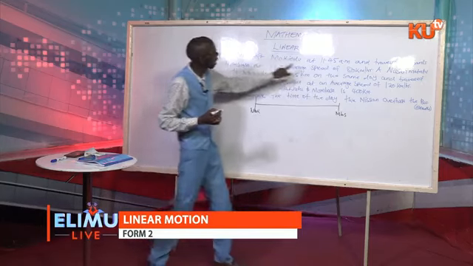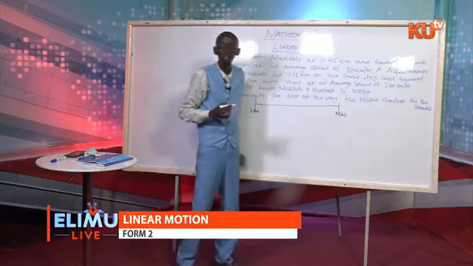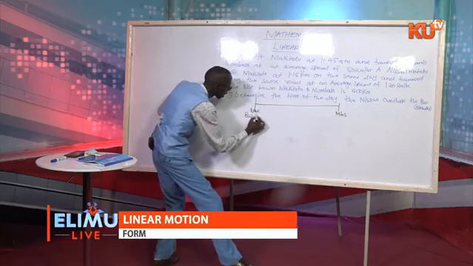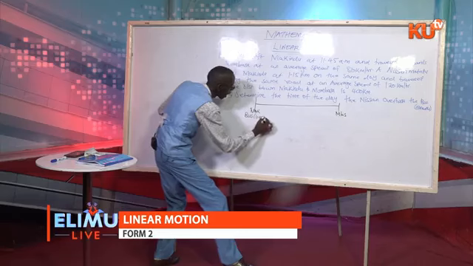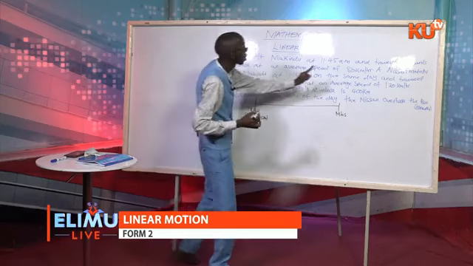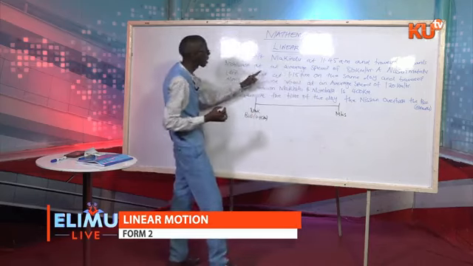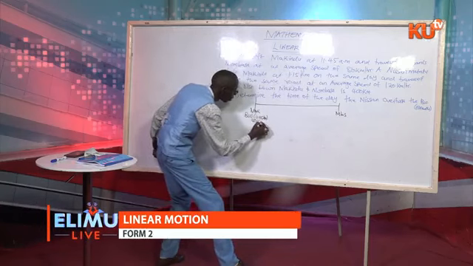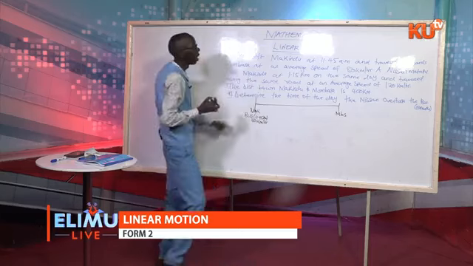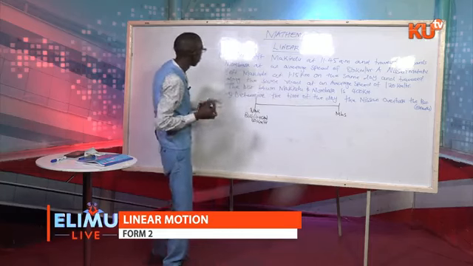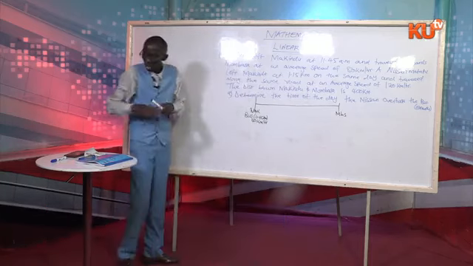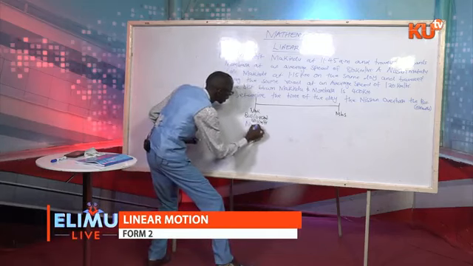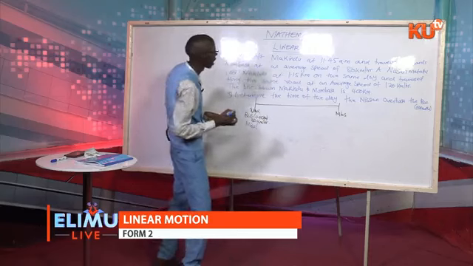A bus left Makindo at 11:45 a.m. So the bus left at 11:45 a.m. and traveled towards Mombasa at an average speed of 80 kilometers per hour. A Nissan Matatu left Makindo. Nissan left at what time?